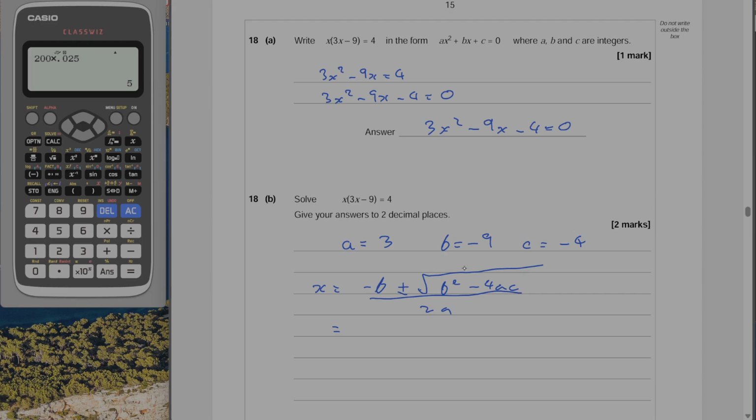Right, so that's going to be 9 plus or minus the square root of 81 minus 4 times 3 times negative 4, 12 times 4 is 48, so that's plus 48, all divided by 6. Right, I'm going to do my negative version first of all. I should put it as a fraction to start with. Let's start that again.